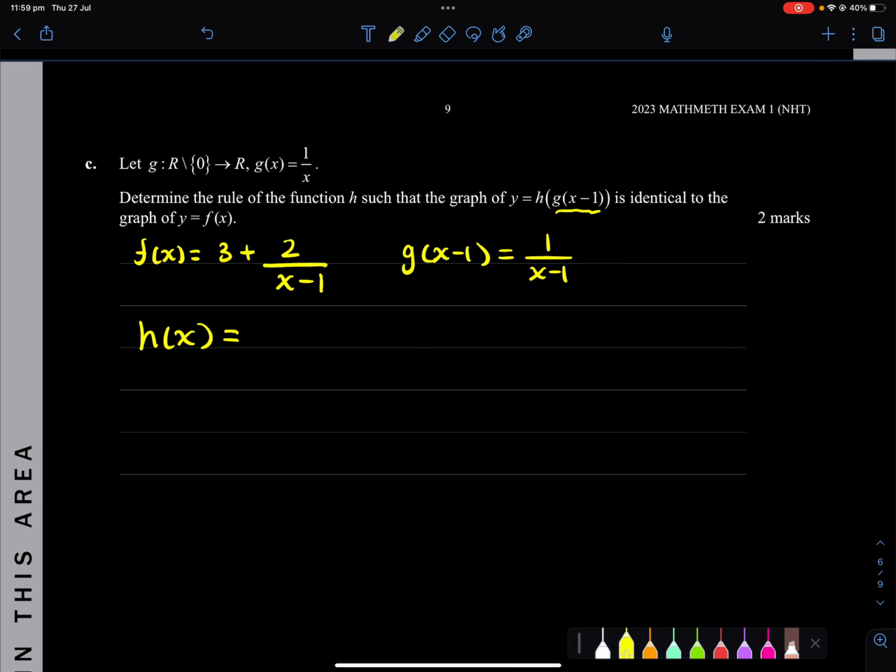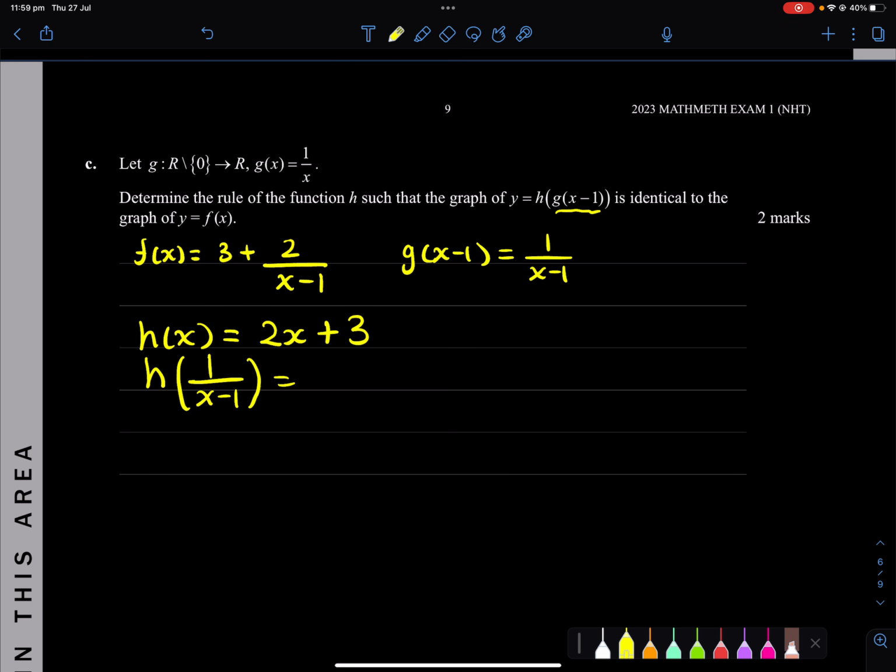Because there's a 2, I think I'm just going to say 2x. So let's try that out. h of 1 over x minus 1 will be 2 over x minus 1. And we just need to have something that puts a 3 there. So if we put a 3 on the h of x, what happens?